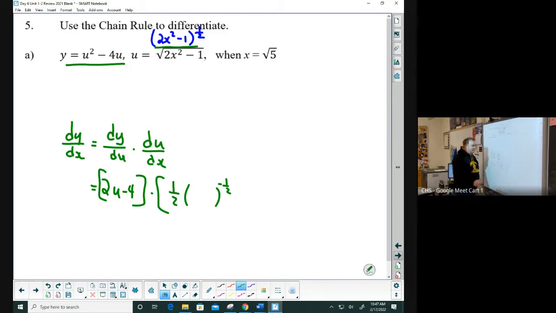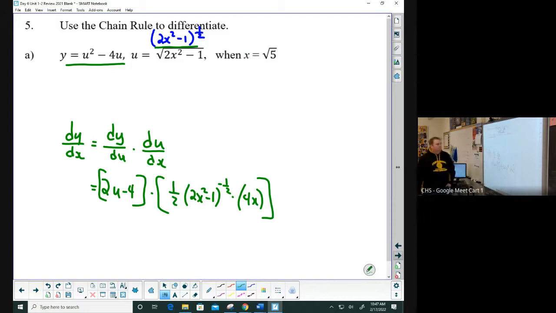And the inside stays the same until I'm actually ready to look inside that. That's not +1, that's -1. So the outside is bringing the 1/2 down. Then I differentiate inside, 4x. That's the derivative of the second u function.